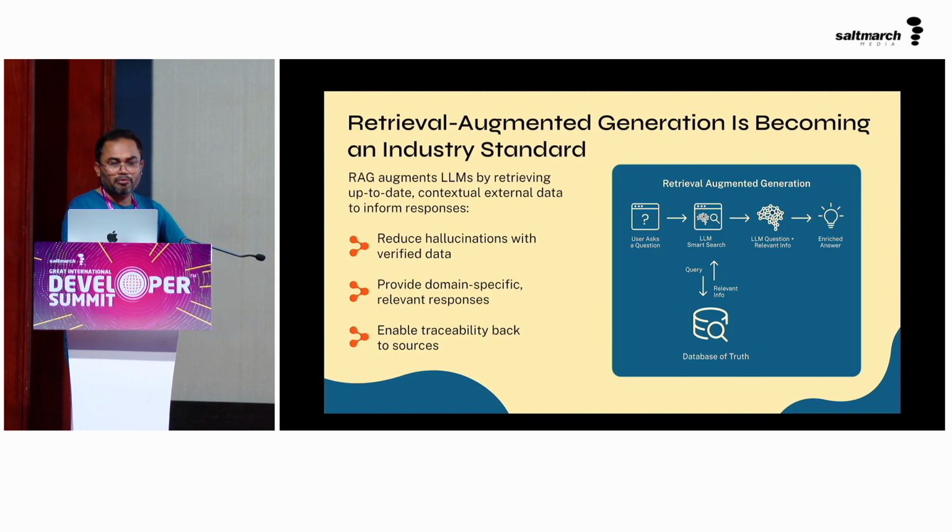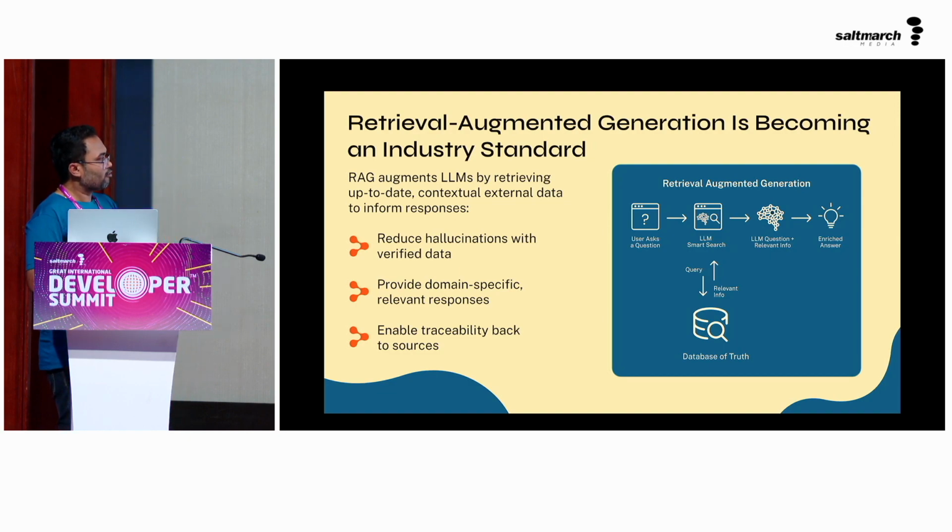It's slowly becoming the industry standard when you start developing the GenAI application for the enterprise need, because RAG really helps in augmenting the large language model by retrieving the up-to-date contextual external data, and it also helps to reduce the hallucination with the verified data, because you know your own data, so that when the LLM generates the answer, you know it is reliable and accurate.